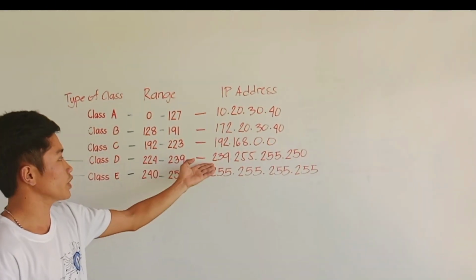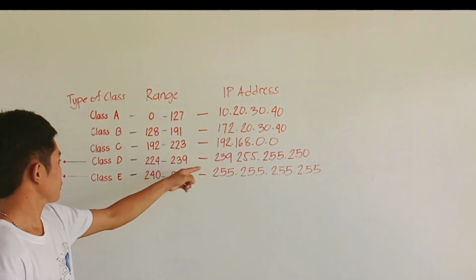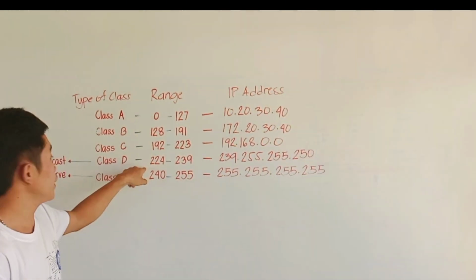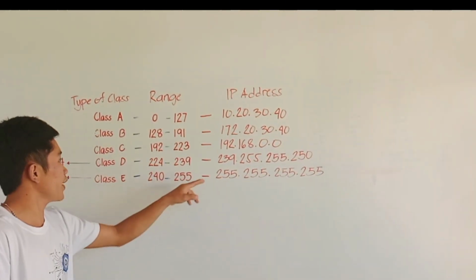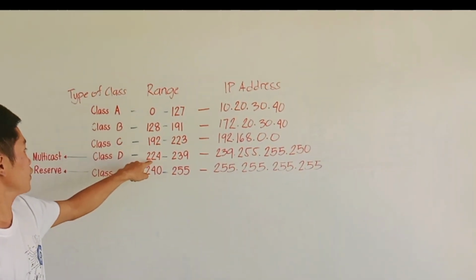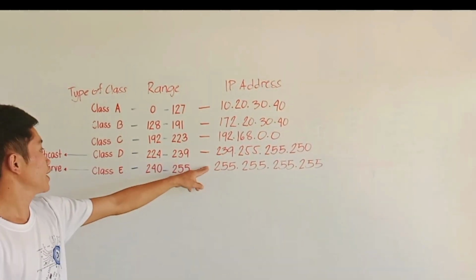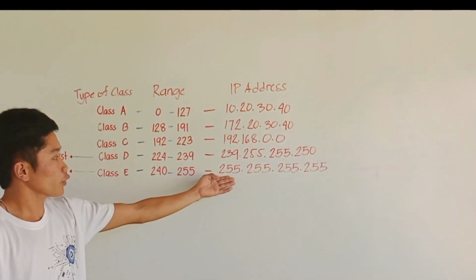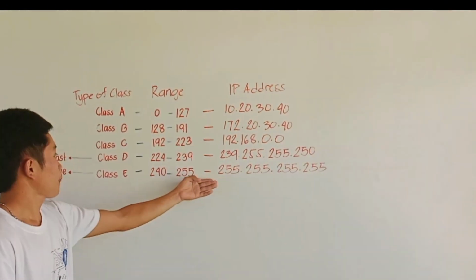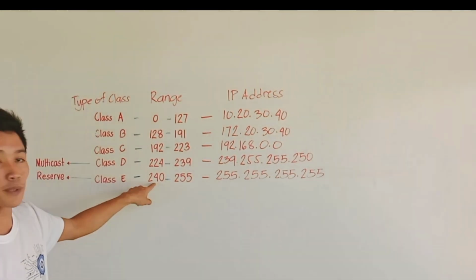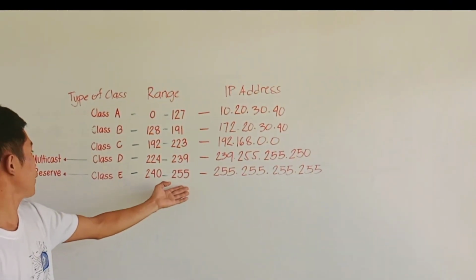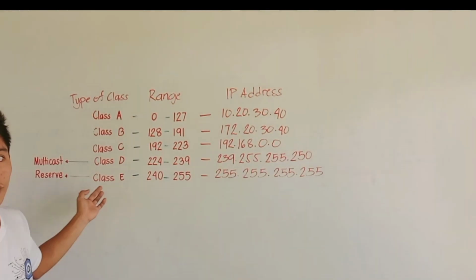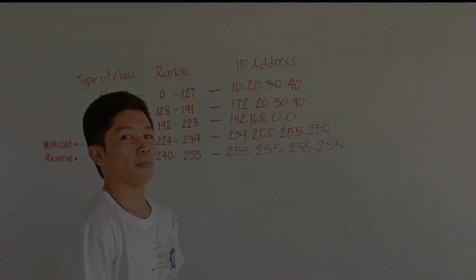The next is 239, which belongs to class D because the range is 224 to 239. The next one is 255, which belongs to 240 to 255, which is class E or the reserved class.